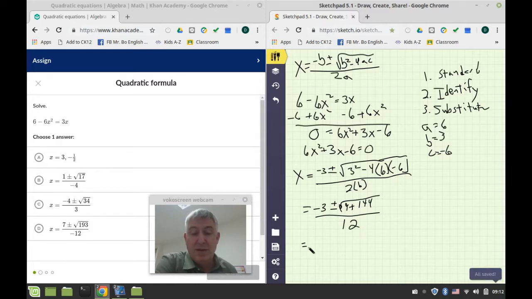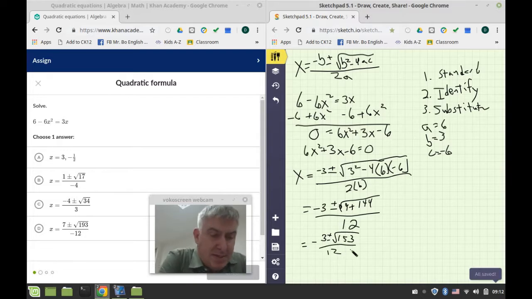So I've got -3 plus or minus the square root of 153 all over 12, which is not over there.